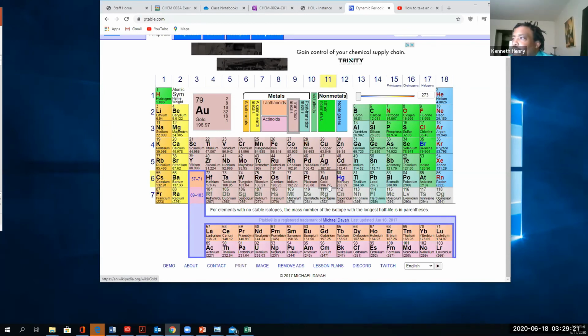Okay, and what is its atomic number? 31. Okay. Is it a metal or non-metal? Metal. What type of metal is it? Is it an alkaline metal? Post-transition metal. Okay. Piece of cake?